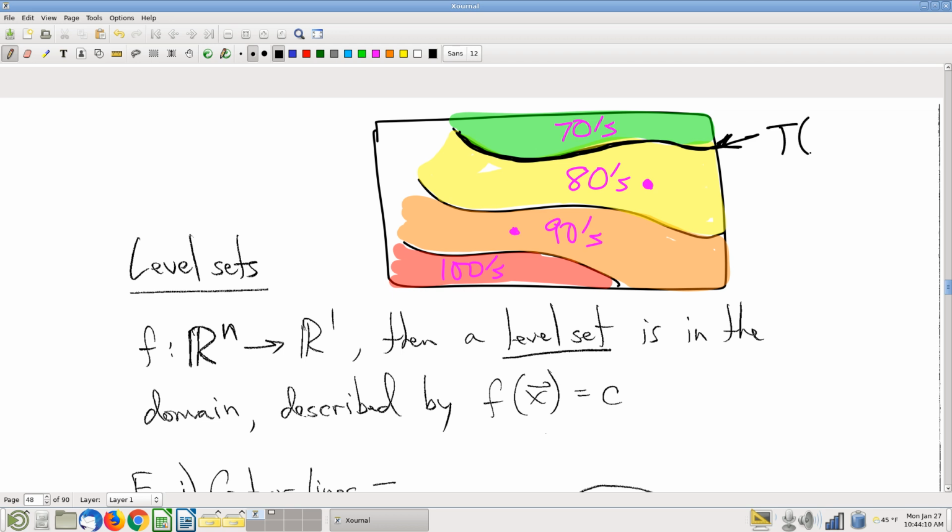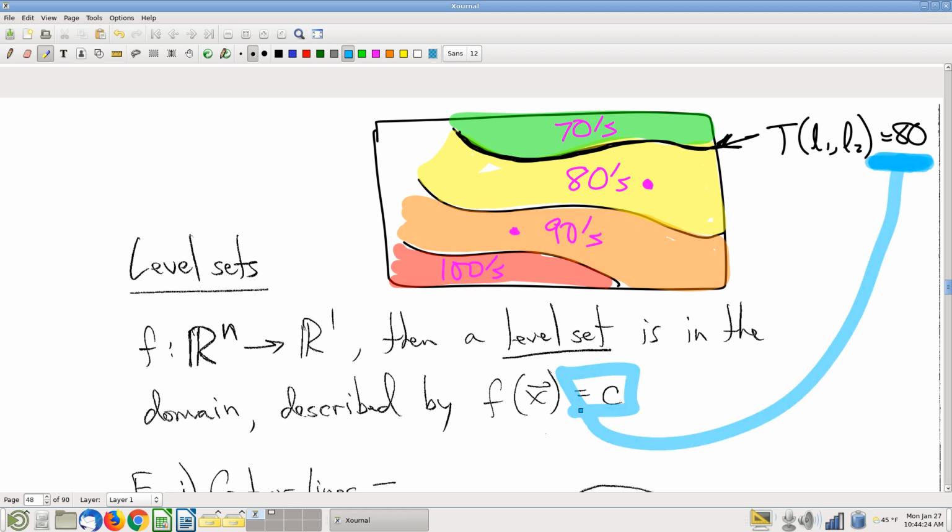That means that temperature as a function of longitude and latitude is 80. That is therefore a level set. I'm setting it equal to a constant. That is a level set of the temperature function. Everybody on board? And likewise, this is where temperature is equal to 90, and this is where temperature is equal to 100.